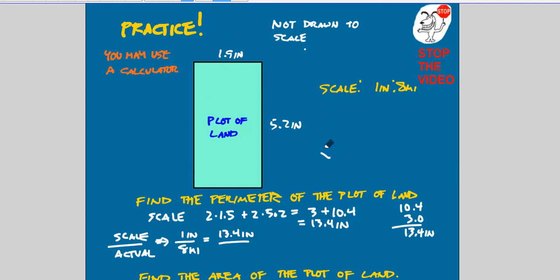You can call it x, but I'll call it p. P is the actual perimeter, and that will be in miles.